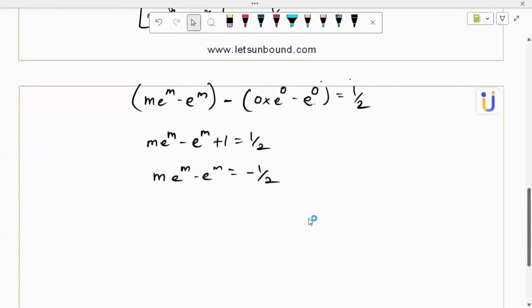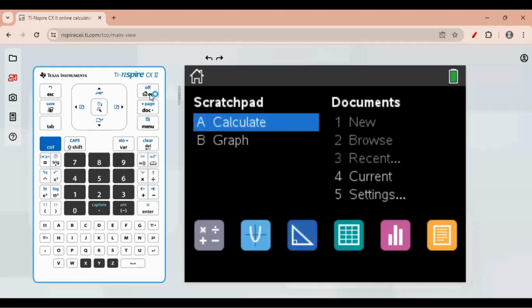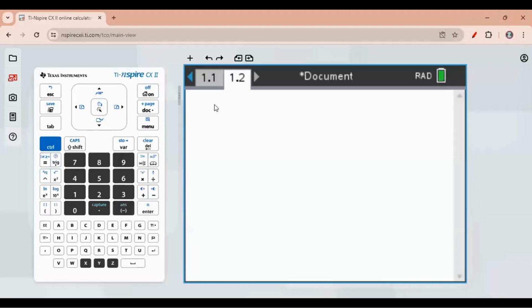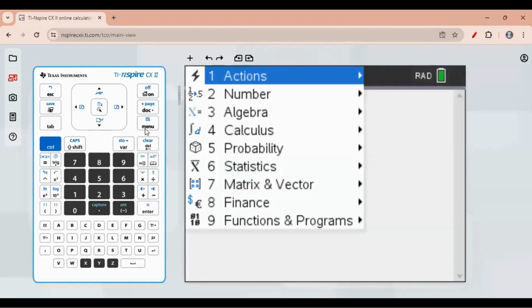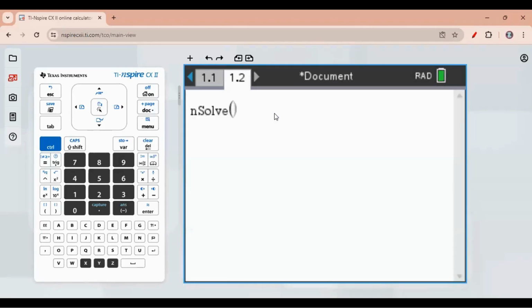Let's switch to the calculator. Okay, so go for algebra, numerical solve.